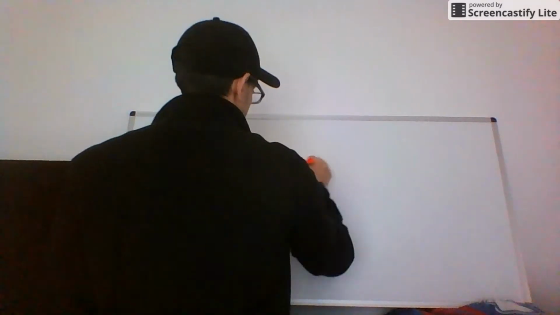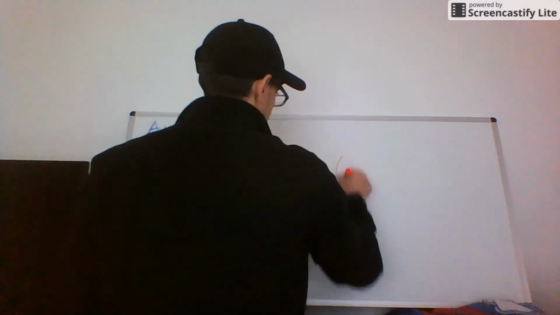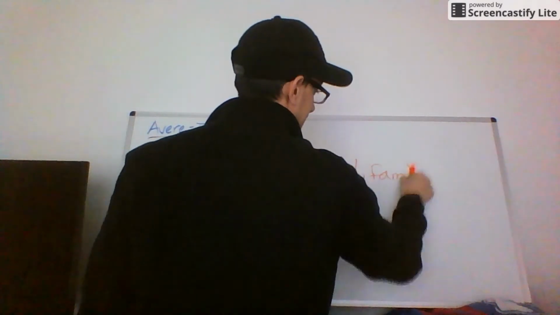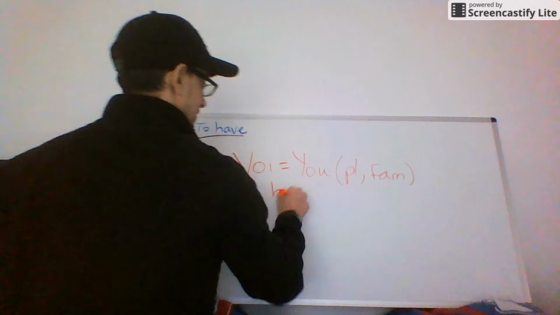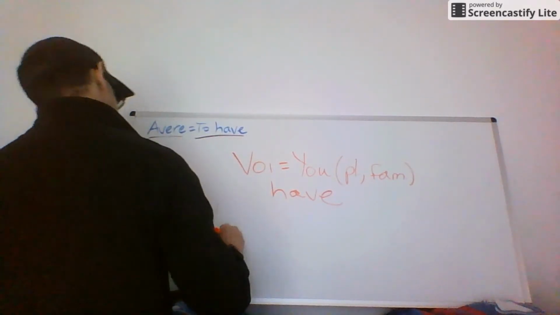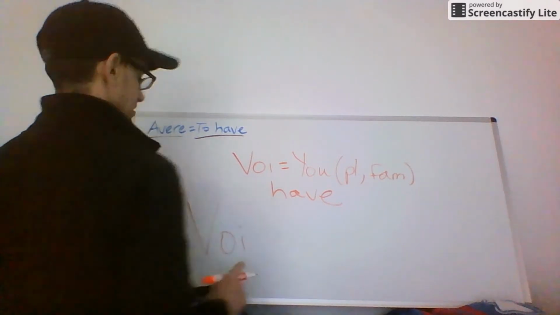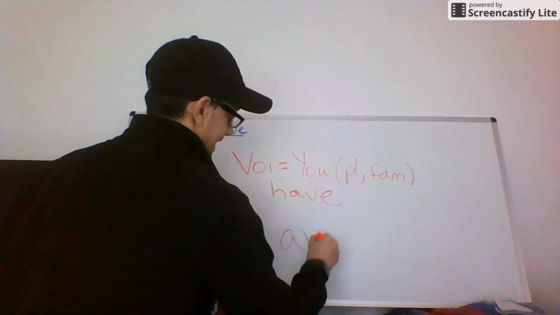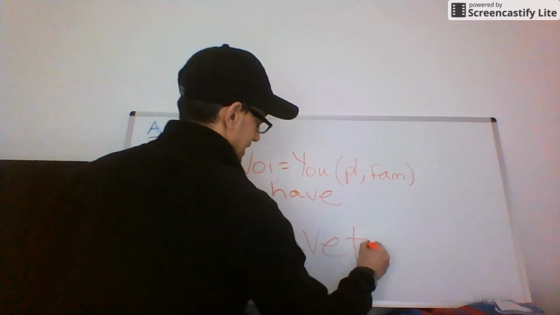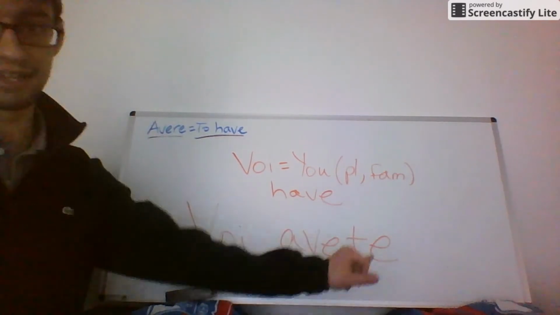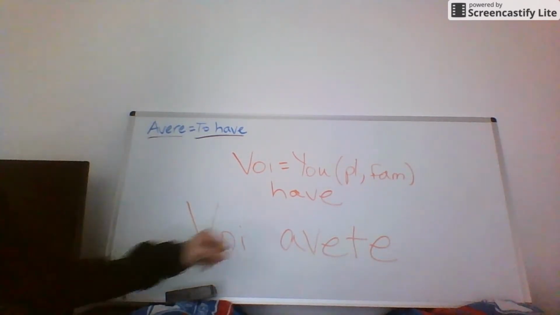So voi, you, plural, familiar, have. So the correct conjugation for avere in the voi subject pronoun would be voi avete. Avete. Voi avete.